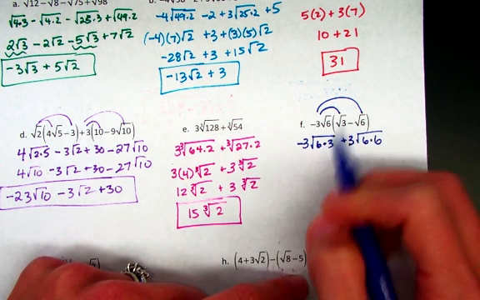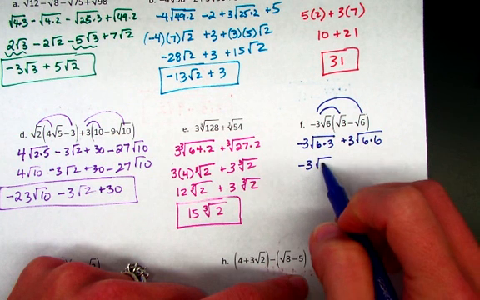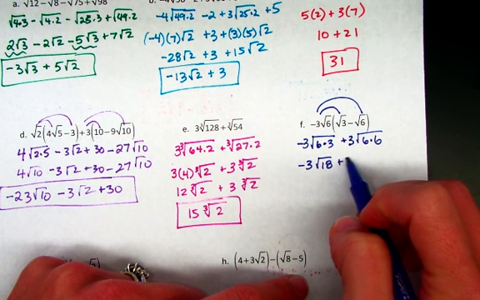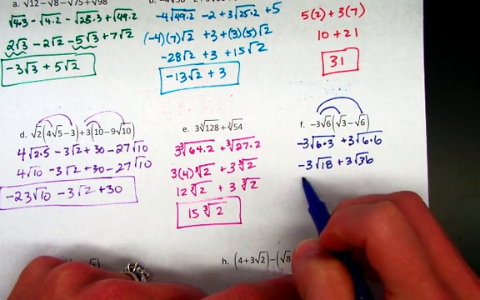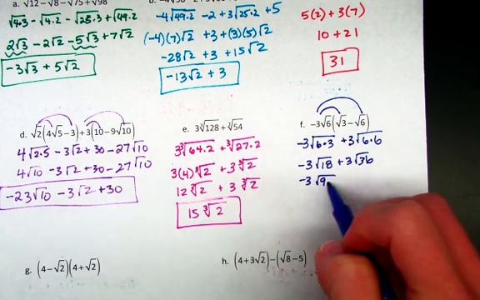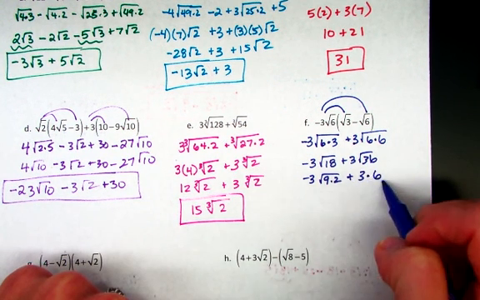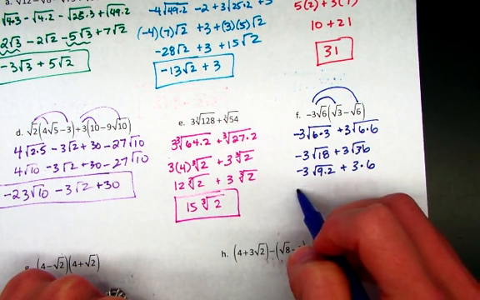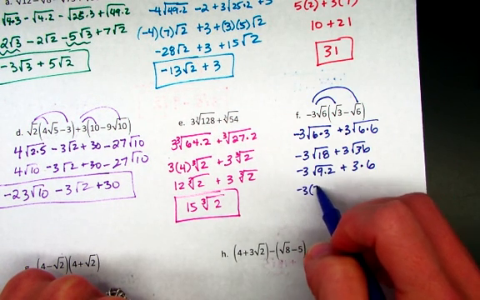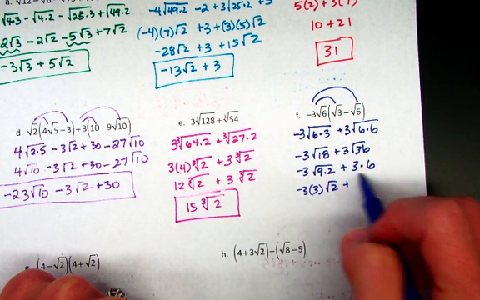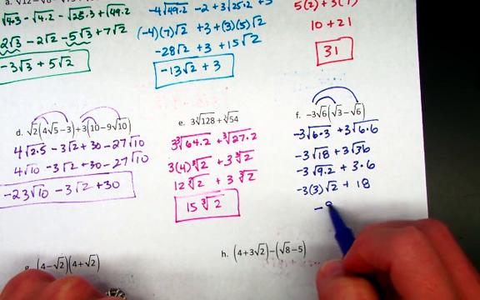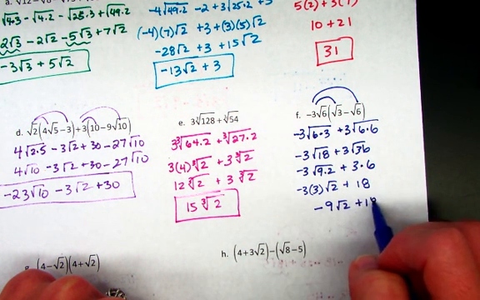So this becomes negative 3 root 18 plus 3 root 36. So this is negative 3, this is 9 times 2, plus 3 times 6, square root of 36 is 6. So this is negative 3, square root of 9 is 3. This becomes 18, so the final answer is negative 9 root 2 plus 18.